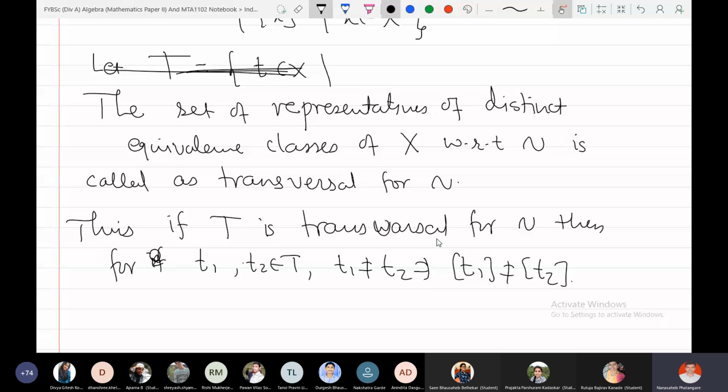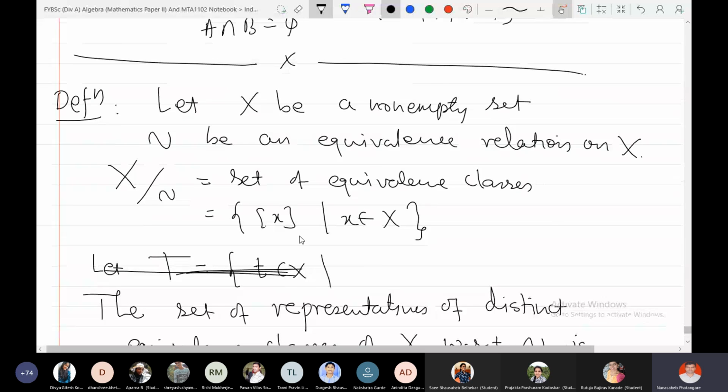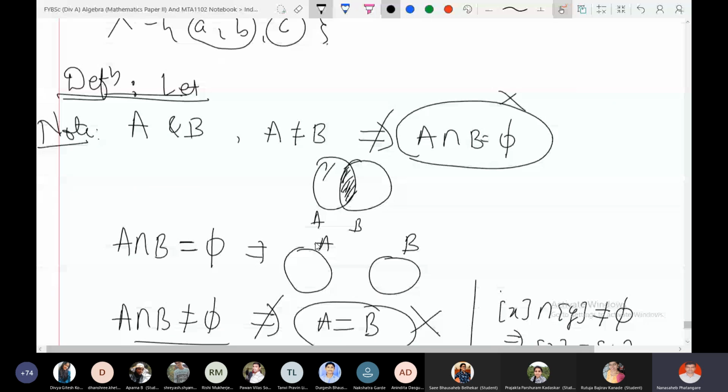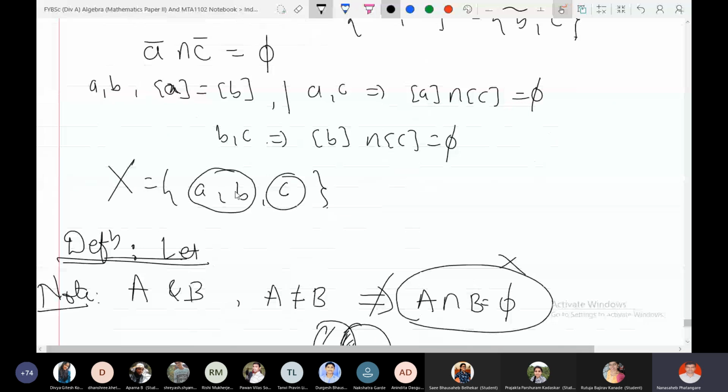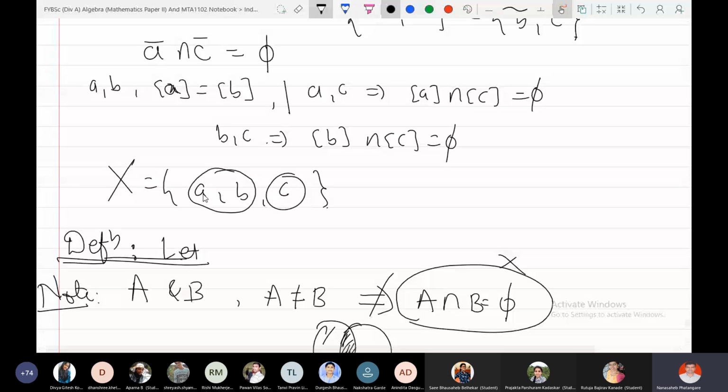Do you understand what I want to say? What I am doing is just looking at the equivalence classes, and I will pick up one representative from each class.